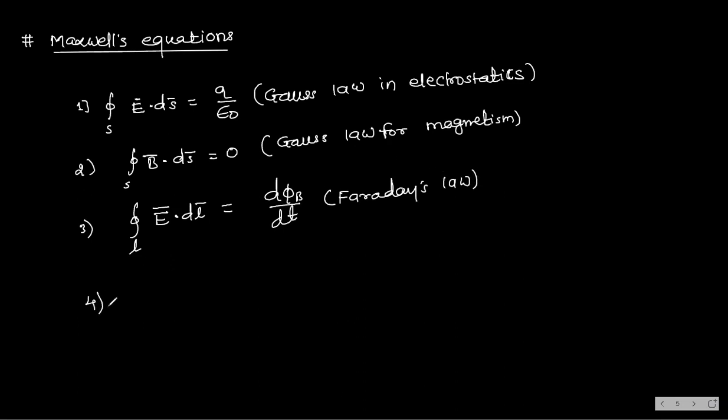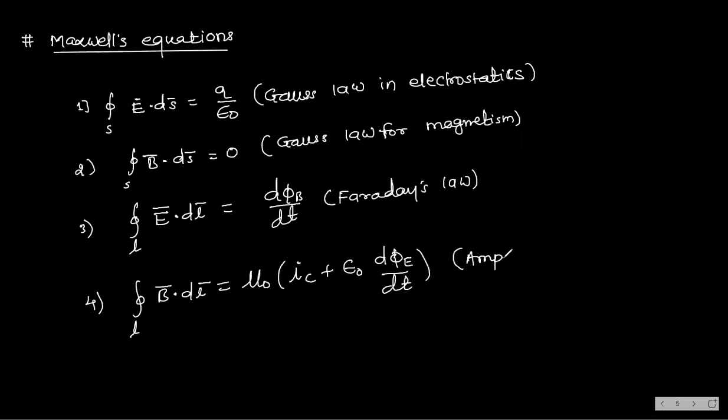And number 4, which we have learned just now, again a line integral: B bar dot dl bar is equal to mu naught into bracket Ic plus epsilon naught d phi E by dt, and this is Ampere Maxwell's law.